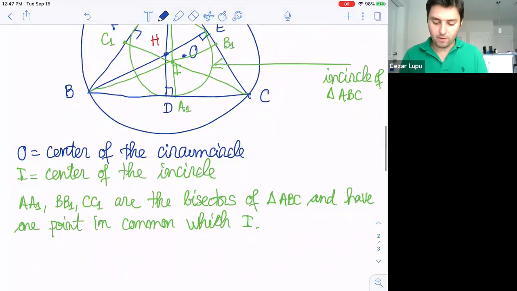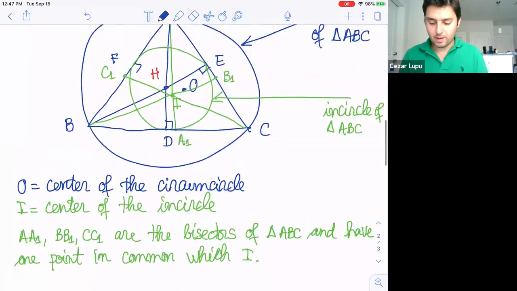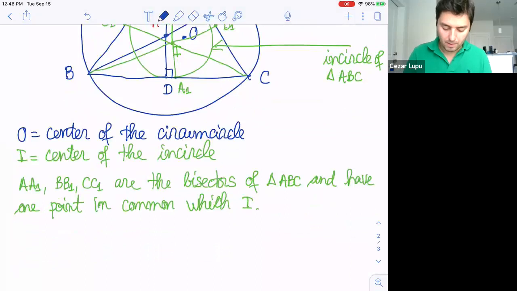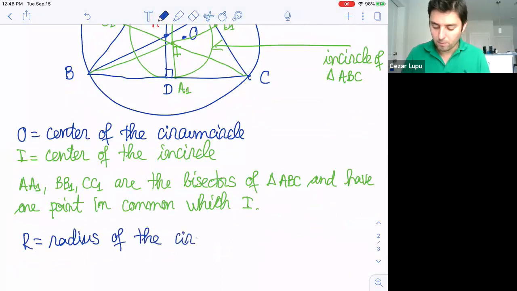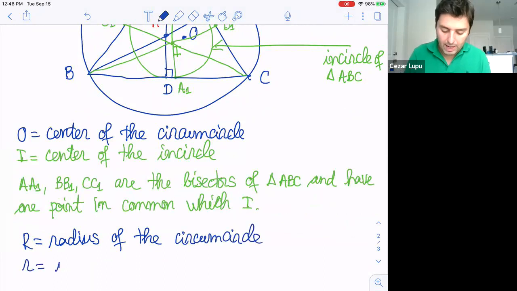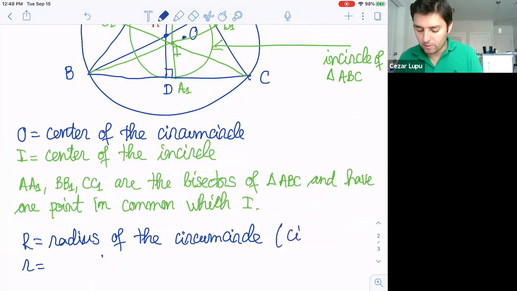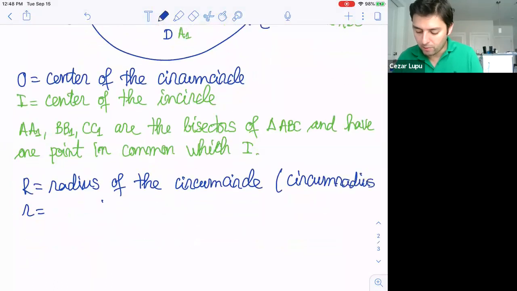There are two formulas here. Let me denote R as the radius of the circumcircle, the circumradius. From now on, I'll refer to these two like this.